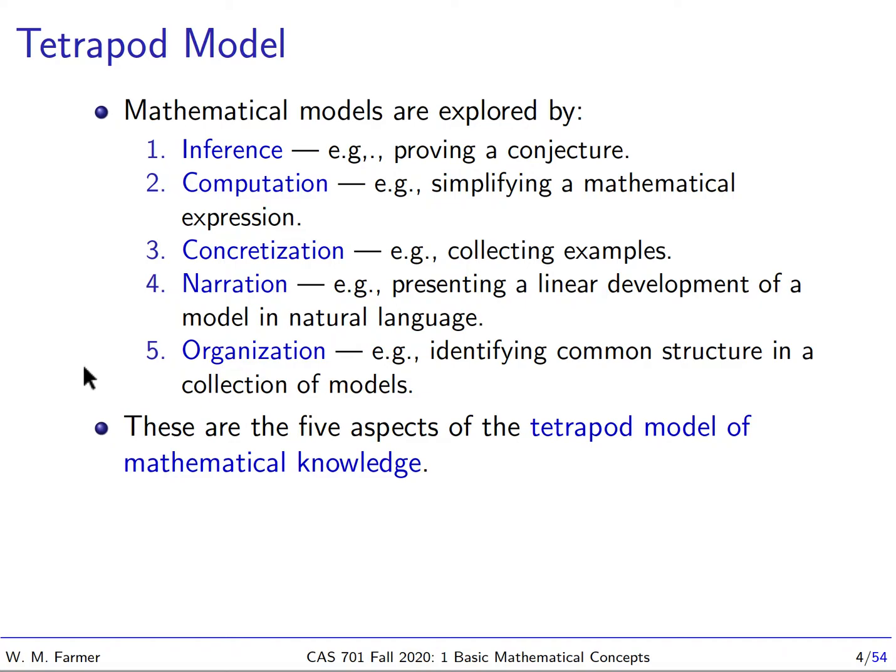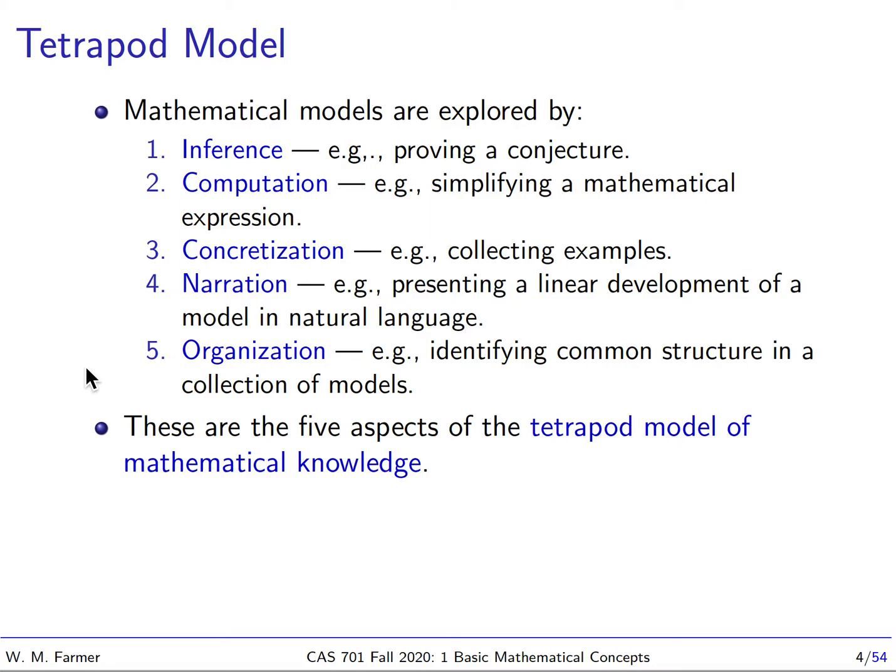Concretization refers to making things concrete. So we could have some phenomenon we're trying to understand, and we look at various examples of it. Collecting these examples is concretizing the problem. Now, narration is telling a story using natural language, telling the story in a linear way.